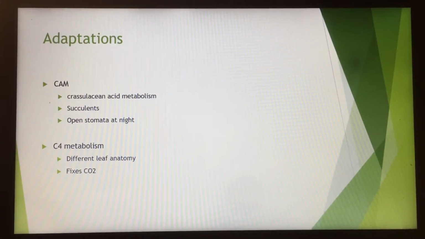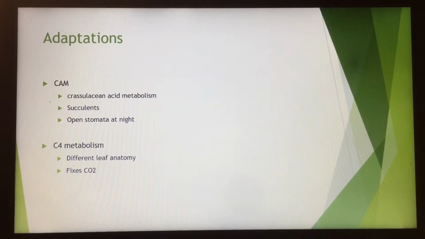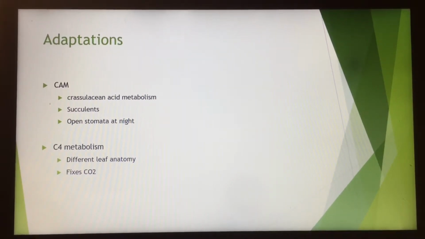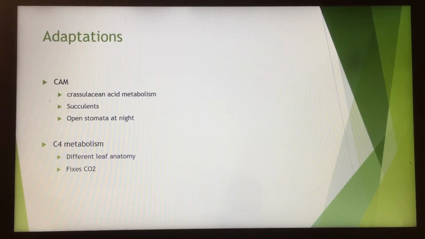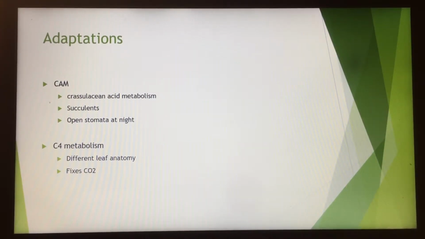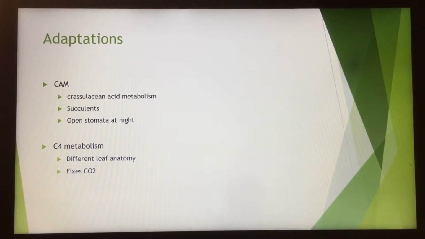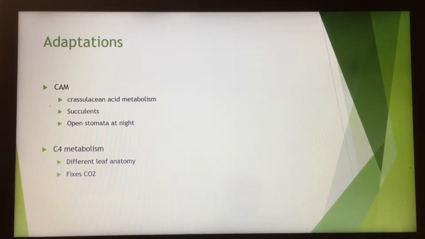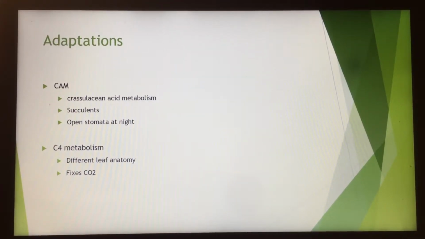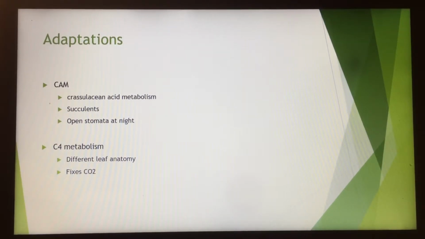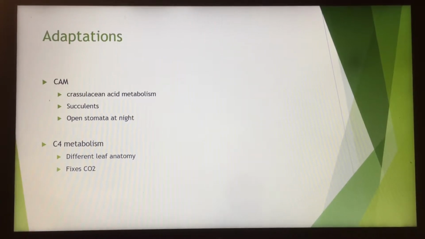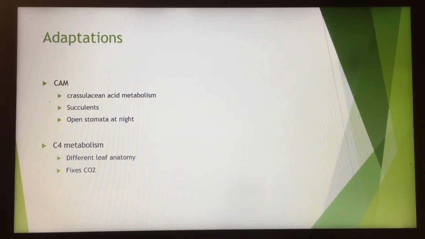So here are some adaptations that plants have developed to work against photorespiration. CAM, which stands for crassulacean acid metabolism. This is your succulents and more of your desert type plants that are under constant heat stress, because in the desert the heat is unimaginable, and they tend to open their stomata at night.